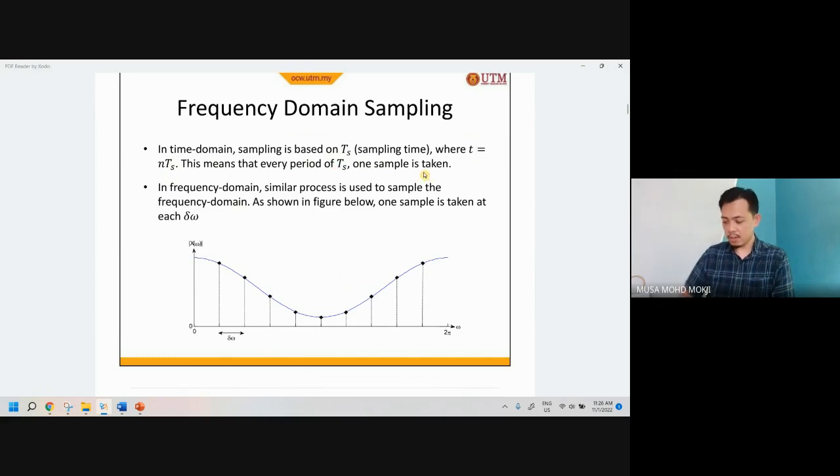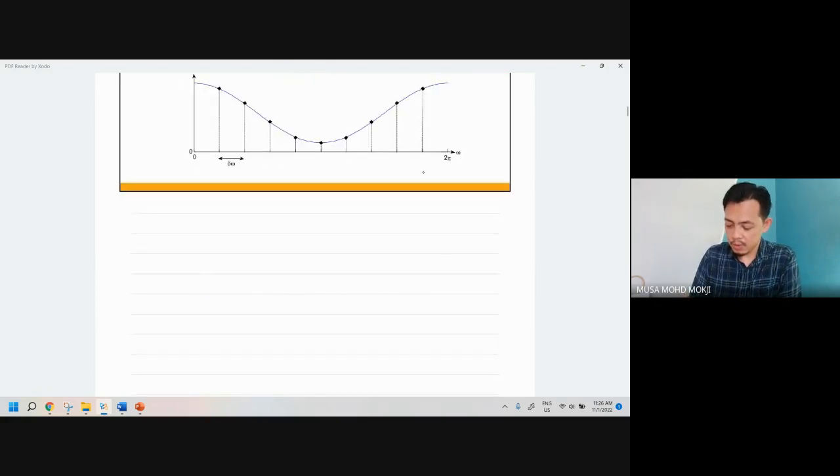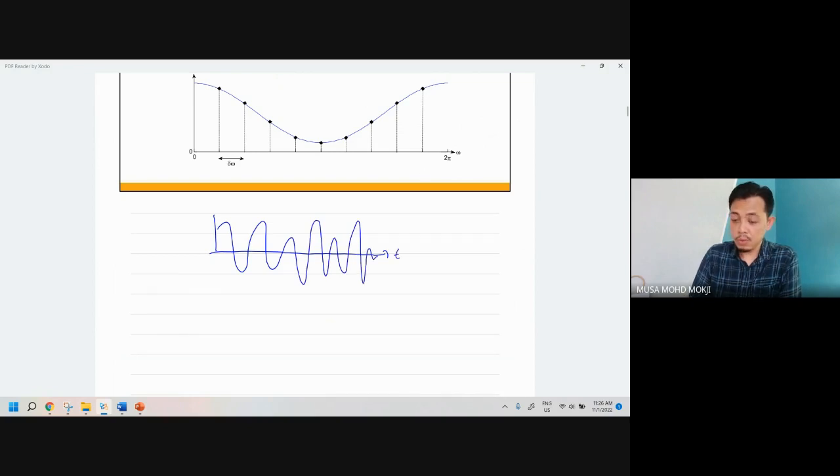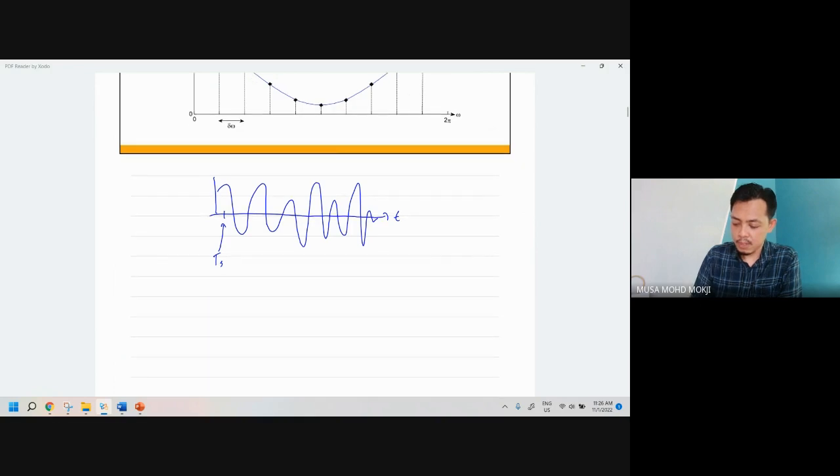That one is in the time domain. So if you have any signal, whatever the signal is, this is T. If you want to do some sampling, let's say this is Ts, and let's say Ts is equal to 0.1 second.